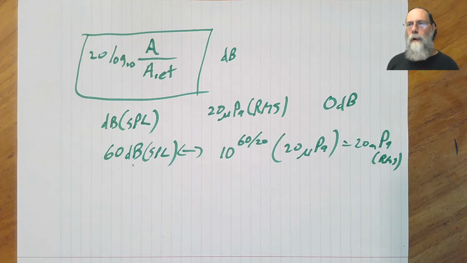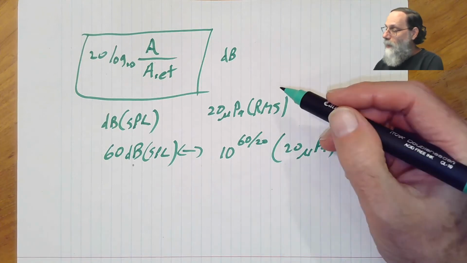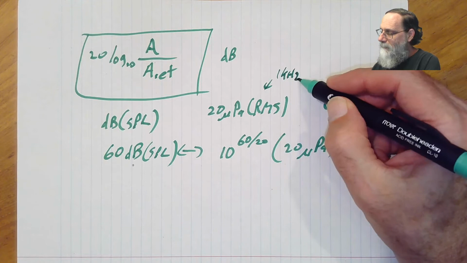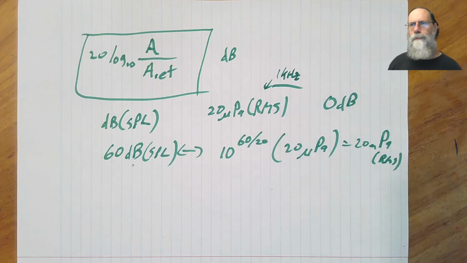Okay, if this was all we had to do, we'd be done, and loudness would be a very simple phenomenon. The trouble is, human hearing is not equally sensitive at all frequencies. This 20 micropascal RMS is really appropriate at 1 kilohertz. But at much lower frequencies, like down at 20 hertz, our ears aren't nearly as sensitive.